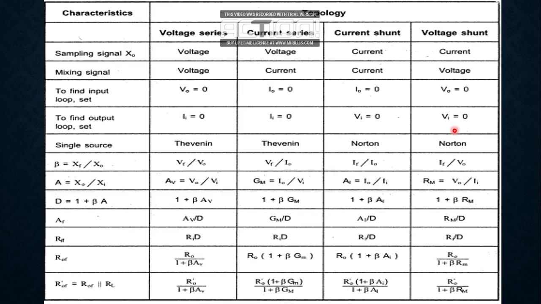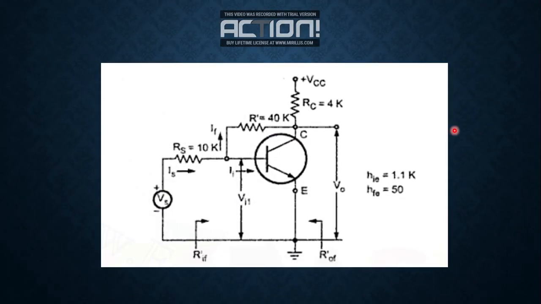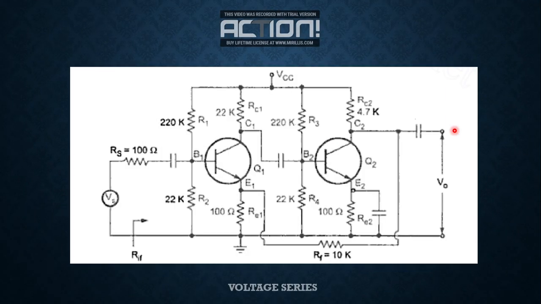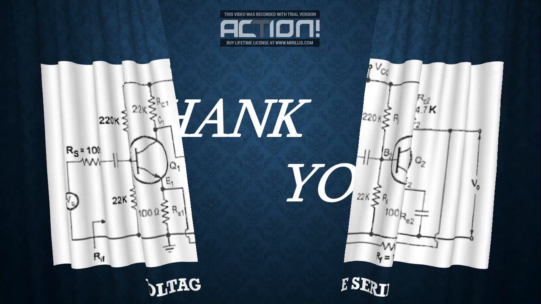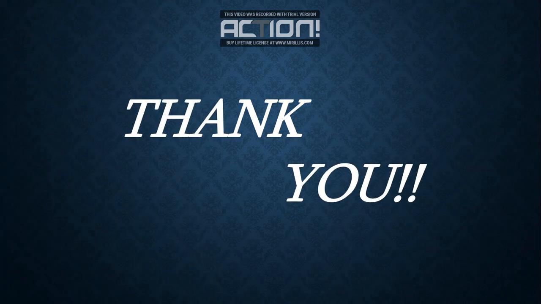If we find the topology correctly, then we can carry on with our next steps. By simply understanding these shortcuts, it will be easier for us to solve any kind of negative feedback amplifier problems.